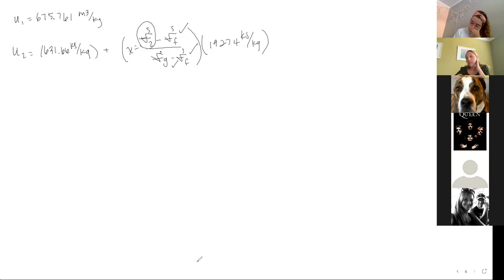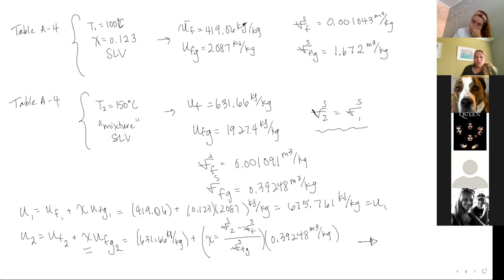The way that I can get this value is by using the equation: my specific volume at 0.1 has to equal my specific volume at 0.2. So I can go back and look at my specific volume at 0.1, which I don't know, but I have quality here, so I can solve for it.